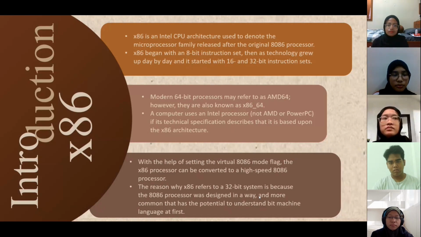Fifth, by setting the virtual X86 mode flag, the X86 processor can be converted to a high-speed X86 processor. The efficiency of platforms based on X86 with the help of virtualization improves significantly, considering operating systems, single servers, and a single application.